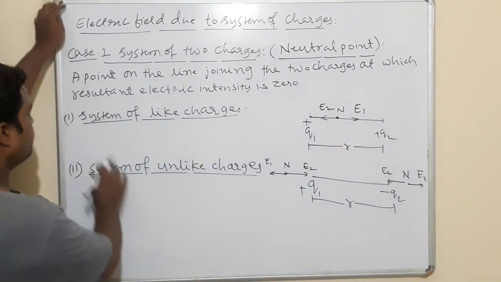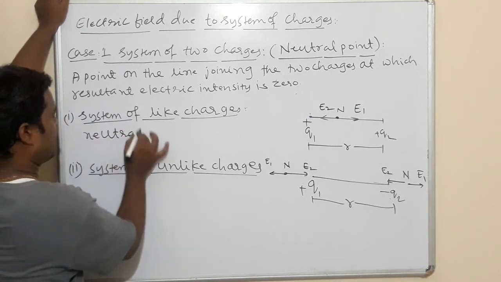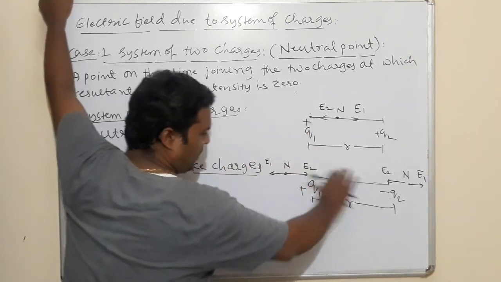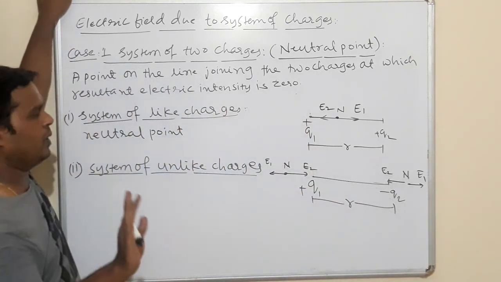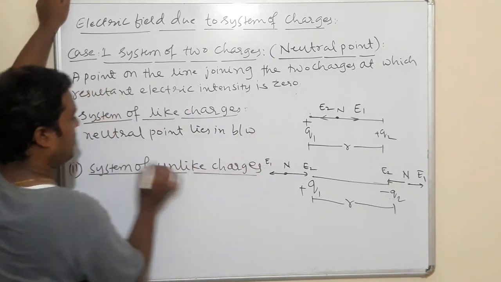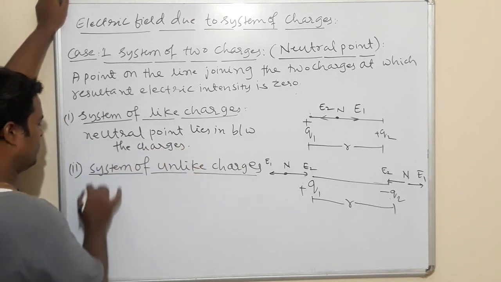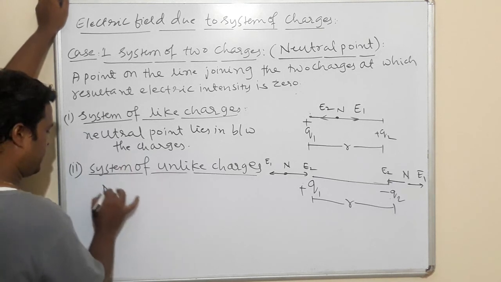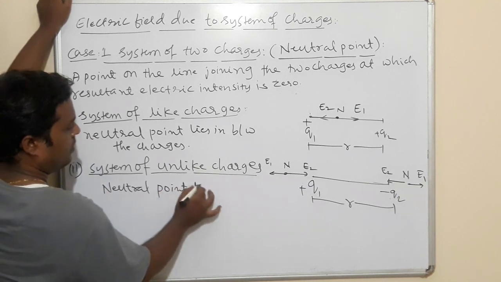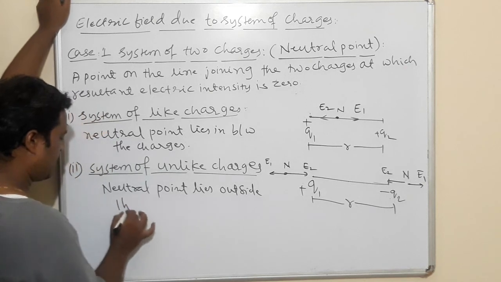That means if it is a system of like charges, in both the cases neutral point lies on the line joining the two charges, that you remember. Neutral point lies in between the charges. If it is a system of unlike charges, neutral point lies outside the charges.